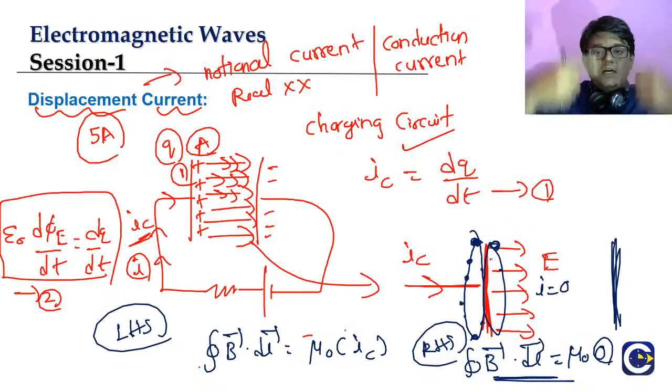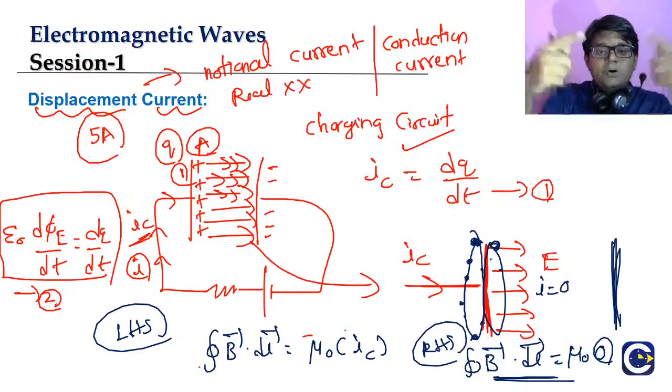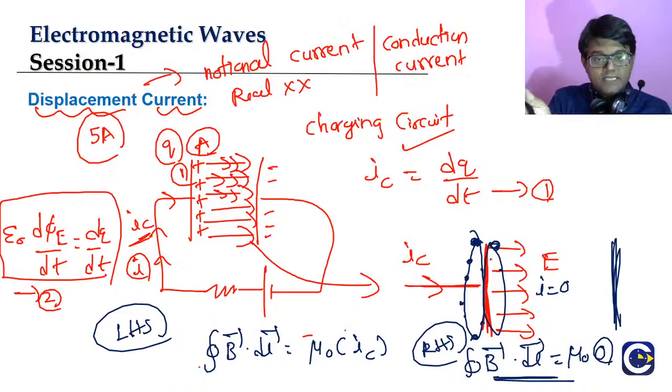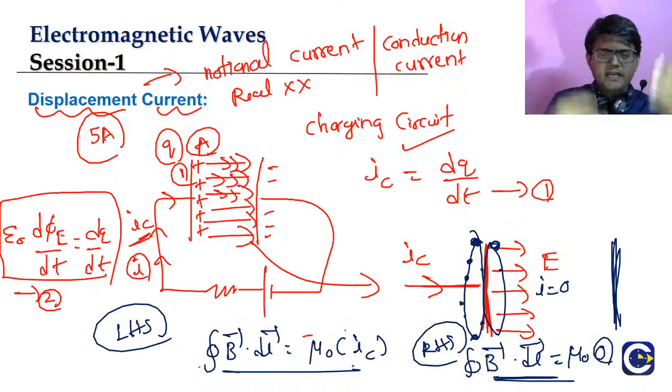If you take loops whose boundary matches the boundary of the capacitor plate, the magnetic field on the entire loop is the same on LHS as well as RHS. On the LHS, we can apply the Ampere loop rule straight away: integral B dot dl is equal to mu naught into the current passing through that loop, which we call conduction current.